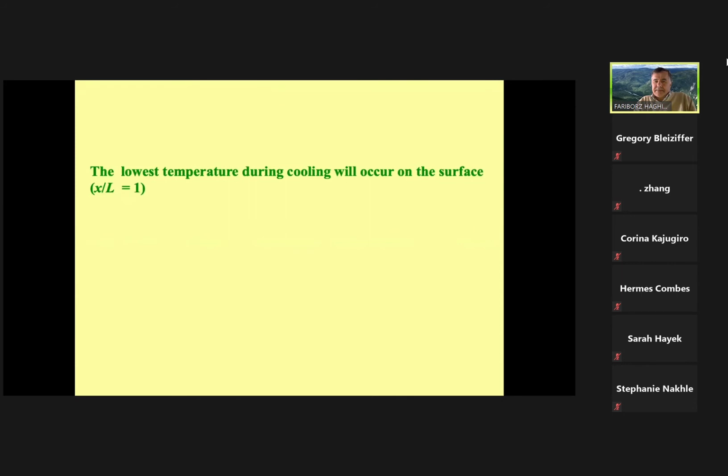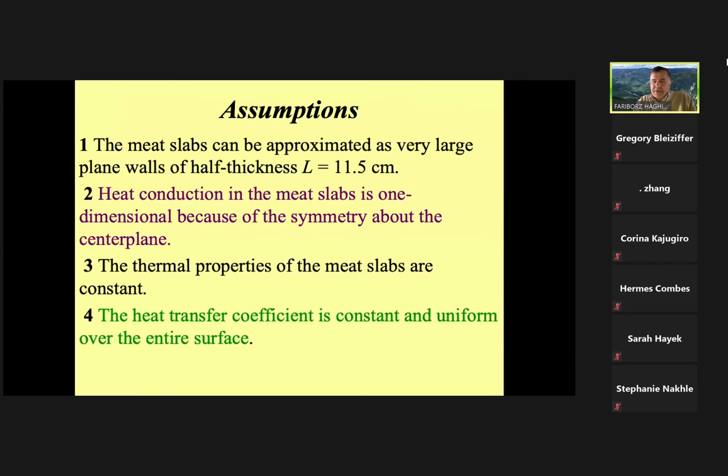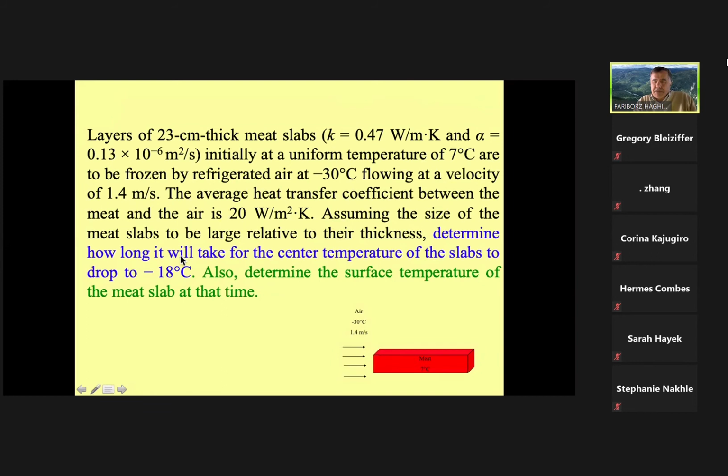Again, we mentioned here, the second part, I'm sorry, I have to go back and forth. It mentioned to determine how long it would take for the center of the meat slab to reach here, the center. Therefore, the equation that we used gave you the center temperature.